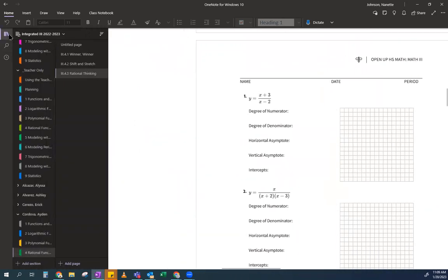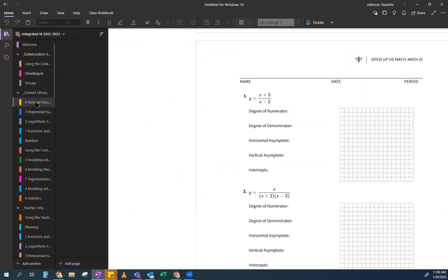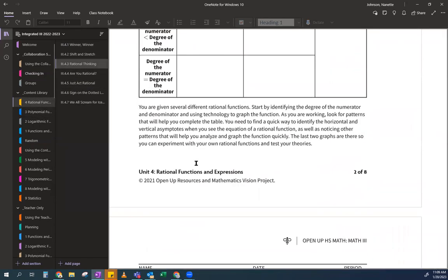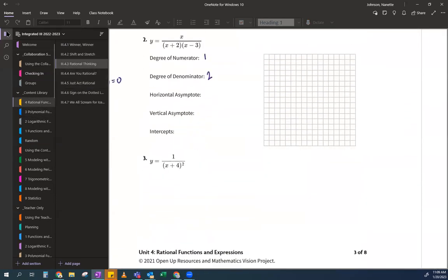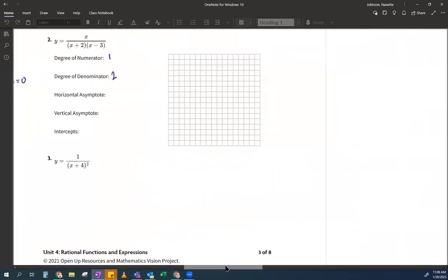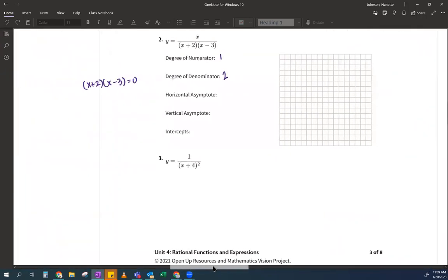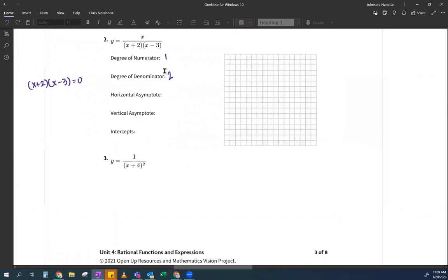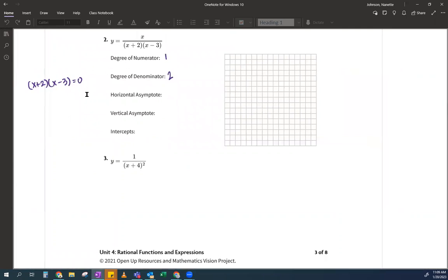It all went away. I'm in the wrong spot. I think I'm in the wrong spot. That's why. There it is. Okay. So why would you tell me to do that? You just told me that dividing by 0 makes it undefined. Why would you set the denominator equal to 0? Because that's actually what you're trying to find. You're trying to find, when does my function go undefined? And so you take your denominator, you set it equal to 0.